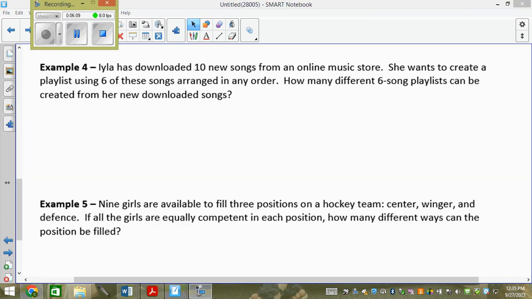Okay, this one says, Isla has downloaded 10 new songs from an online music store. That's my daughter's name. Don't cut down how it's spelled. I did not foresee the fact that the capital I would look like a lowercase l in all fonts and that she would get called Lila. Or, if they use the capital I, she would be called Ilya, because they swapped the Y and the L in their heads. See, that looks like Isla, if they just do capital I's like a normal human.